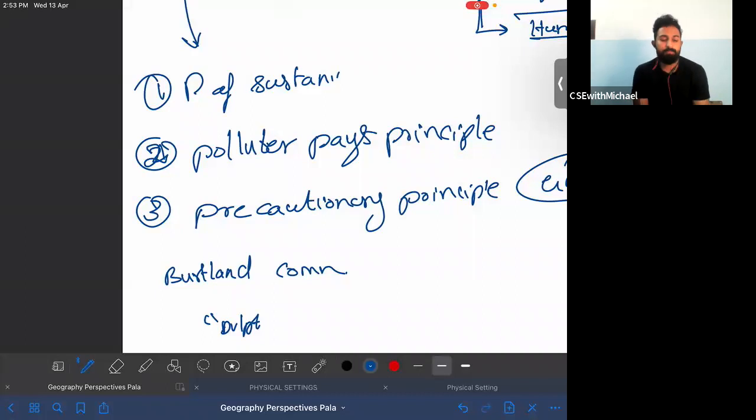According to the polluter pays principle, a company or an enterprise either has to pay to prevent pollution, or pay for the damages that it causes.